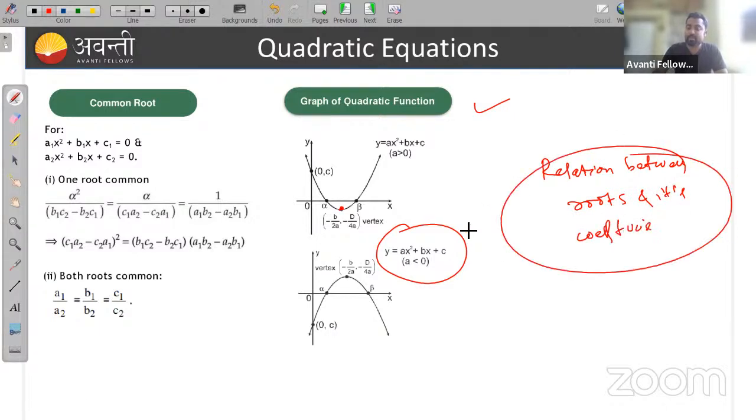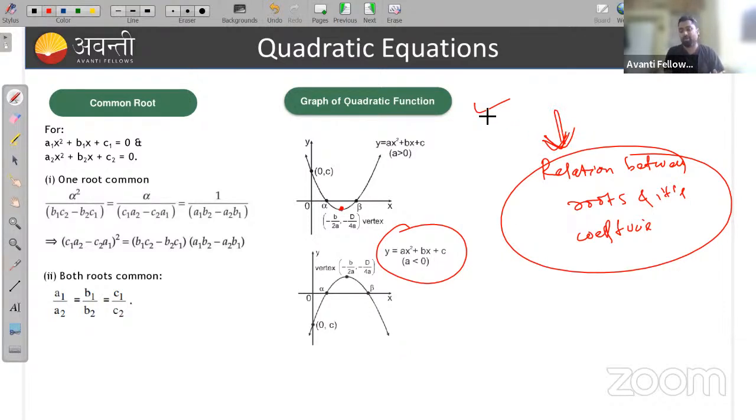In each paper, about 80% of the questions are asked on this concept only. So we will focus on this concept deeply.